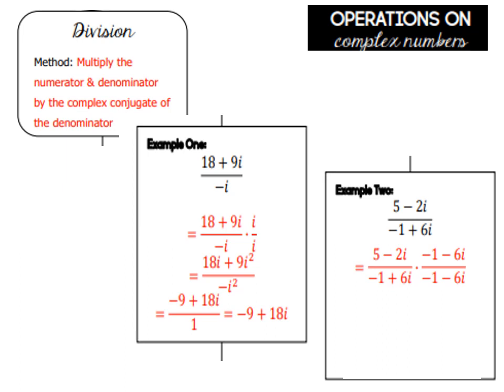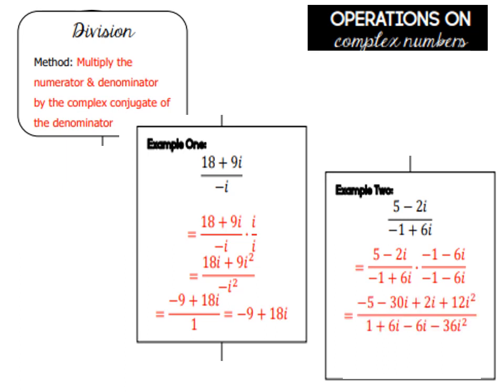So let's see, 5 times negative 1 is negative 5. 5 times negative 6i is negative 30i. Negative 2i times negative 1 is plus 2i. Negative 2i times negative 6i is positive 12i squared. On the bottom, we're going to have positive 1 plus 6i, then minus 6i, and then minus 36i squared.